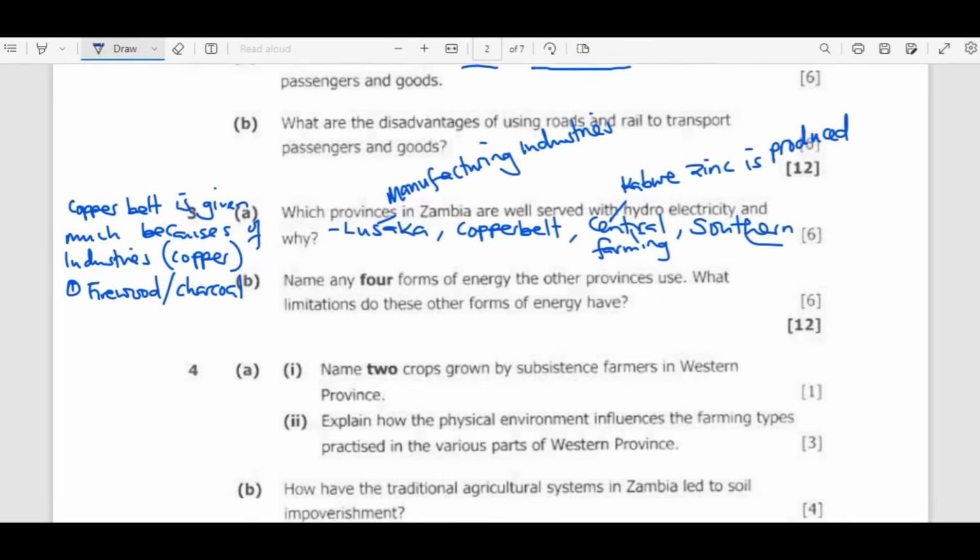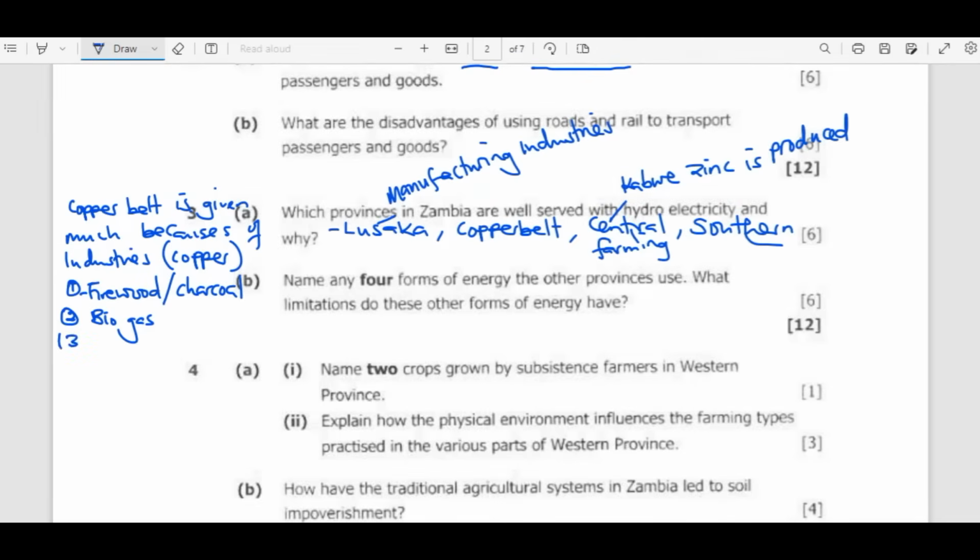So charcoal, in rural areas they use this form of energy. So we can give an example of Luapula and maybe Northern Province. And then not only that, but other rural areas that are found in different places, they use charcoal as one of the forms of energy. And then number 2, we are saying that biogas. So biogas is another form of energy which is used.